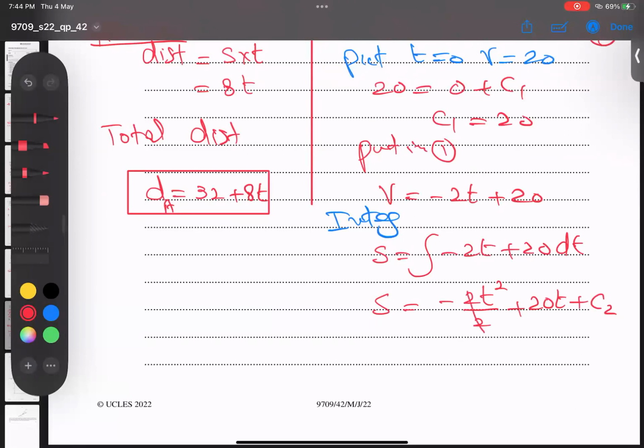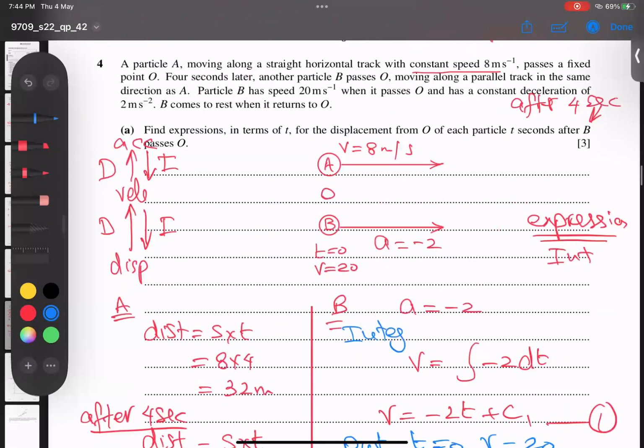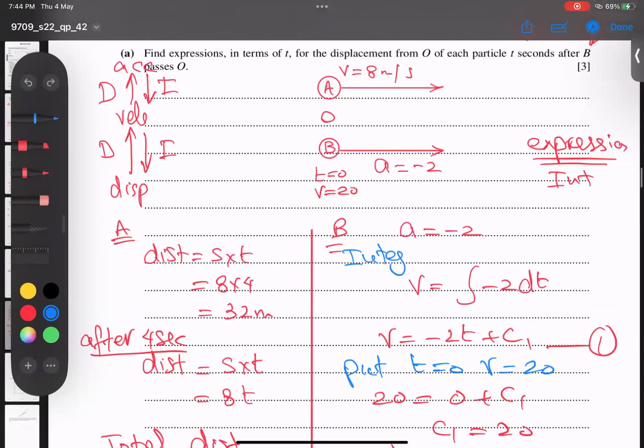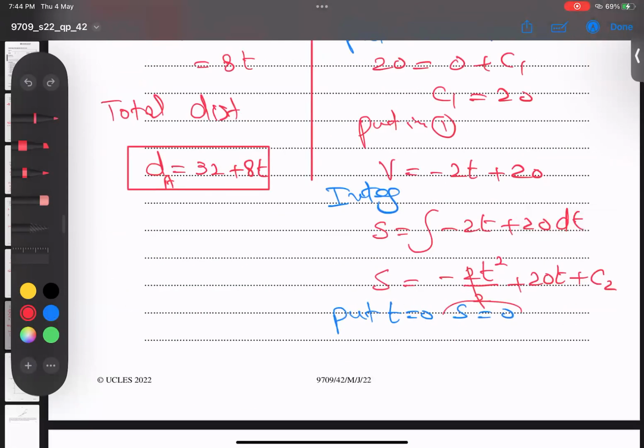This cancels out. And now I plug in, because we know that when time was 0, distance was 0. How come? See, when B was just starting from observer O, its distance was 0, although speed was 20, but distance was 0. That is why I plug in s = 0, t = 0 here. So students, I will automatically get 0 equals 0 plus C2.